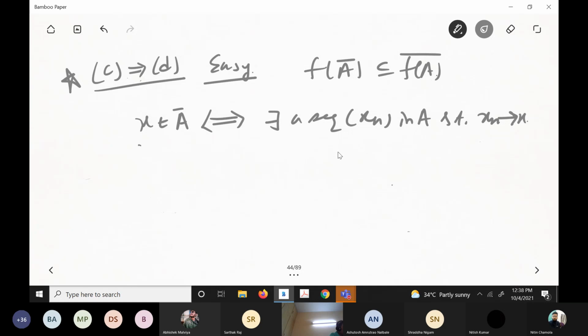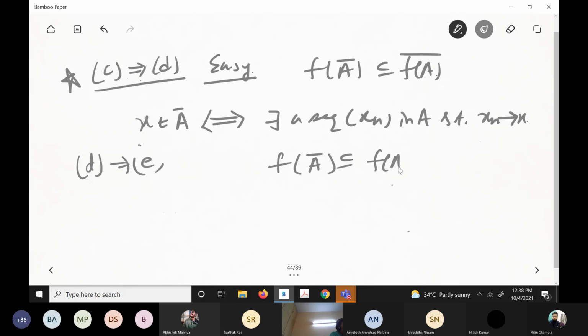Now D implies E. This is a bit tricky, let me tell you. Look here, f(A bar) is contained in closure of f(A) for all subsets A of X. You have this condition, and you have to show that the inverse image of a closed set is closed.